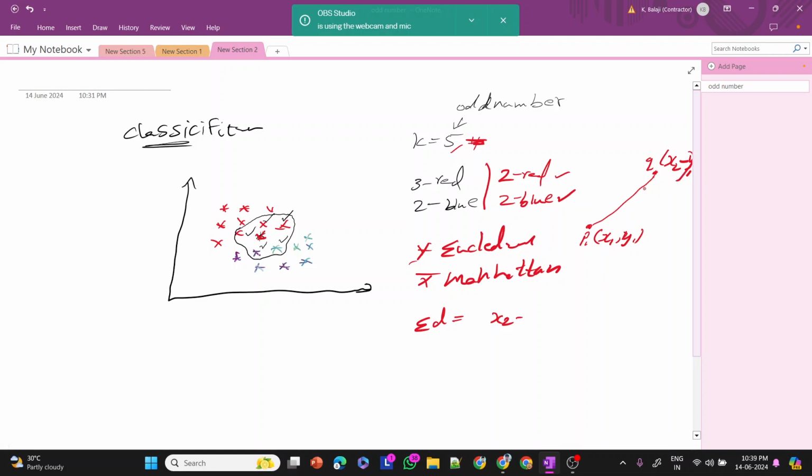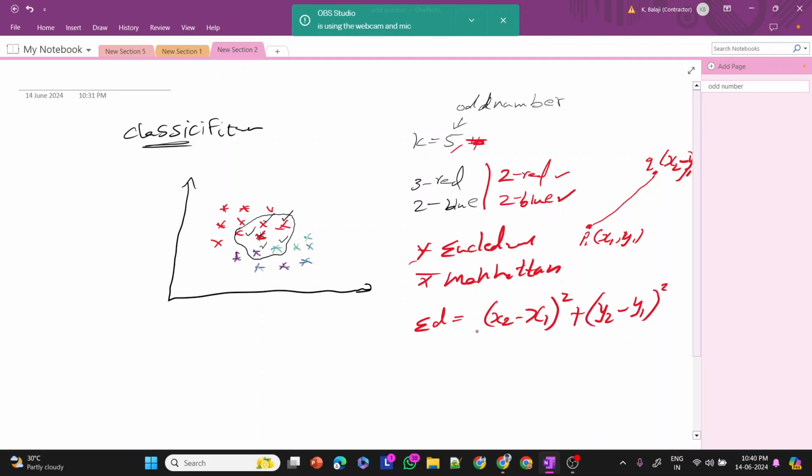We can find the distance between these 2 points by applying the Euclidean distance. The formula is the square root of (x2 minus x1) whole square plus (y2 minus y1) whole square.